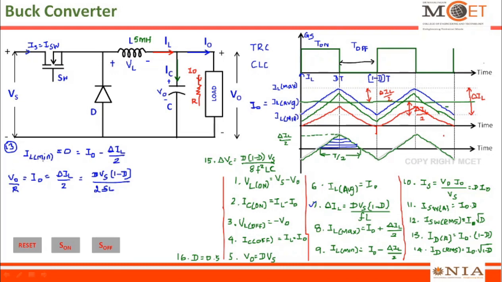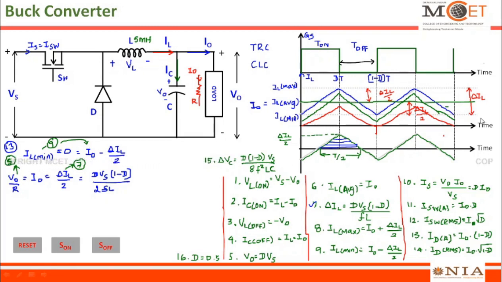So what I do here, I put IL minimum is equals to 0 and this IL minimum is substituted by expression number 9 to get this expression, and from this expression I get delta IL. This delta IL is replaced with expression 7, and assuming that it is a resistive load, I get V0 by R. I0 is equals to V0 by R, and if I look at V0, V0 is D into Vs. Now instead of this V0, I substitute expression number 5.